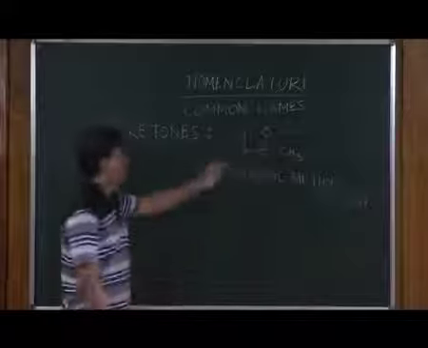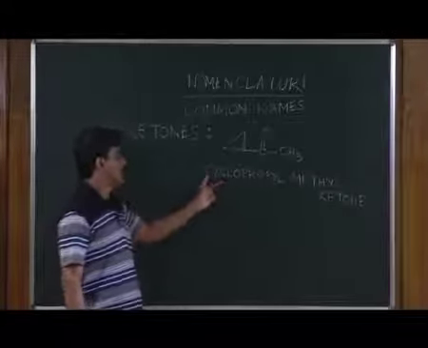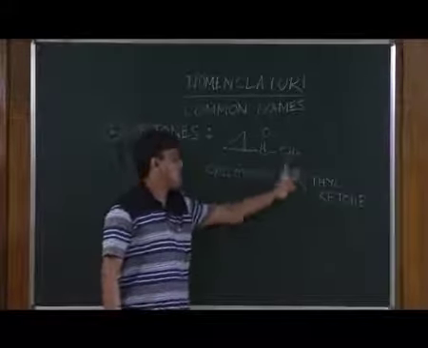This is the cyclopropyl group. So, cyclopropyl first comes because of C and then methyl comes. So, cyclopropyl methyl ketone.